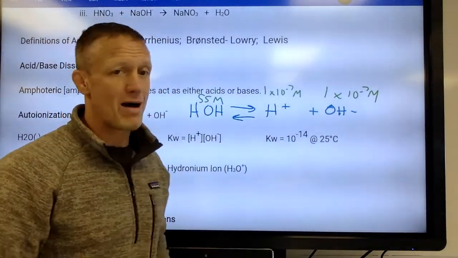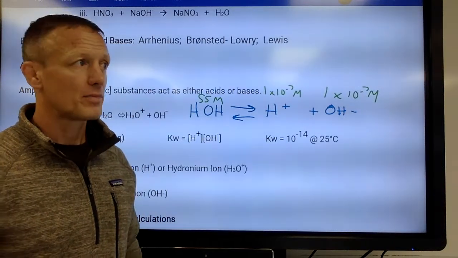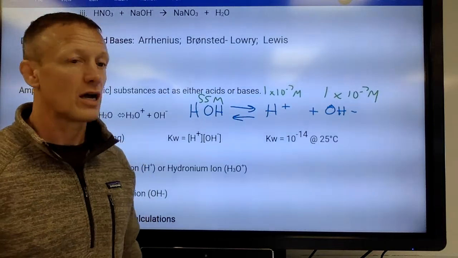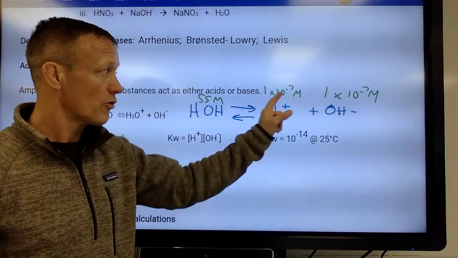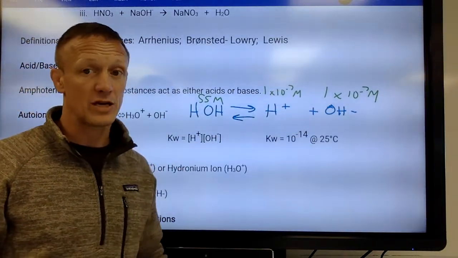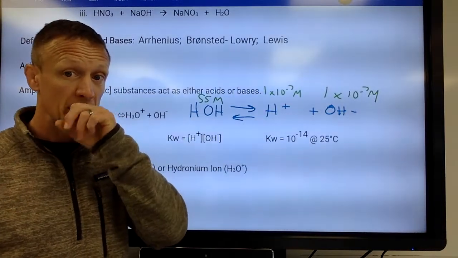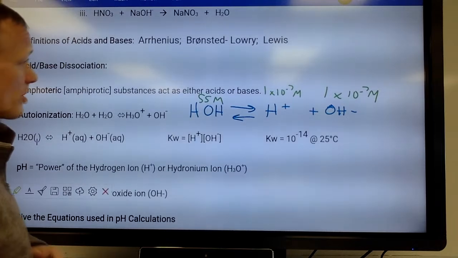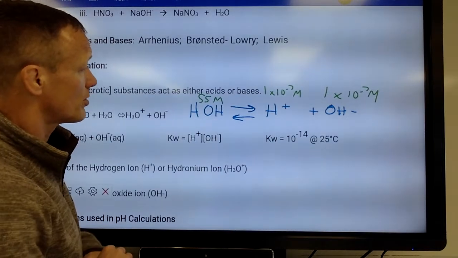So that's a small amount that dissociates. Like the percentage is like 0.000000002% of water molecules dissociate. So there's not many hydrogen ions in water, not many hydroxide ions, but they are equal. Okay, they are equal in that case. But water does produce some of those.